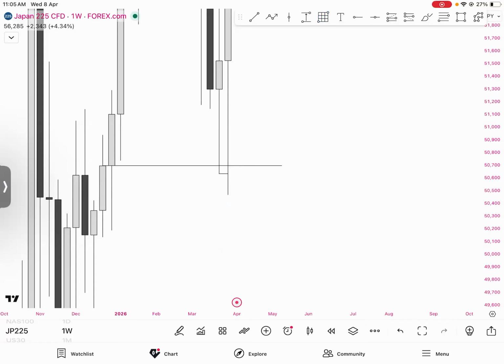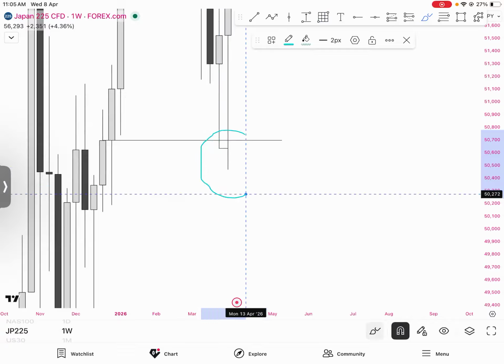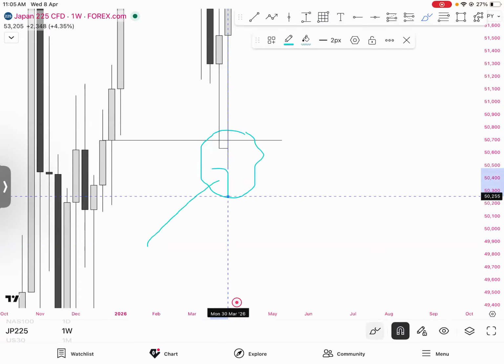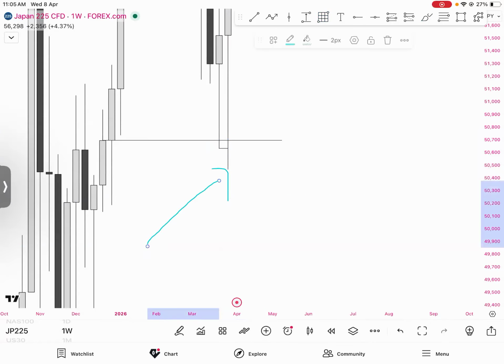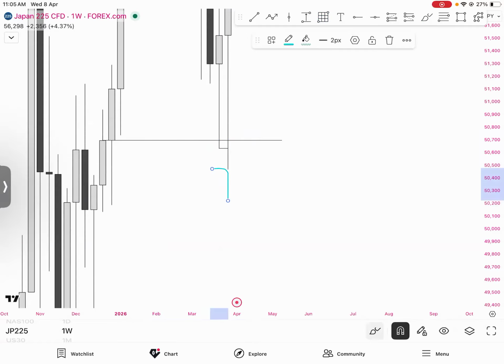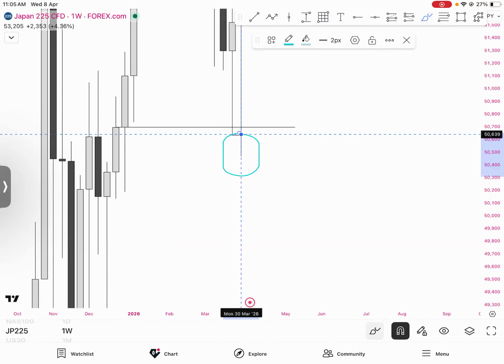You need to check whether that sweep is sponsored by any higher time frame candle or not. If it is, that would be the reason for another expansion, right? So you need to check whether it is sponsored by any fresh key level or not. In the weekly time frame, we don't have any key level.